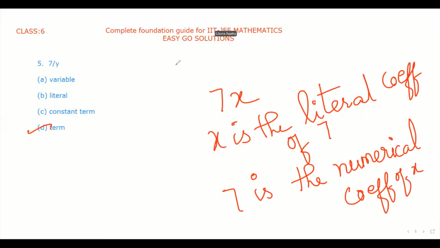So here 7 by y is just a term. It will not take the answer to be literal or variable or a constant term.